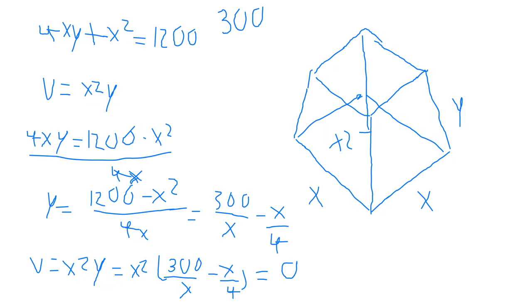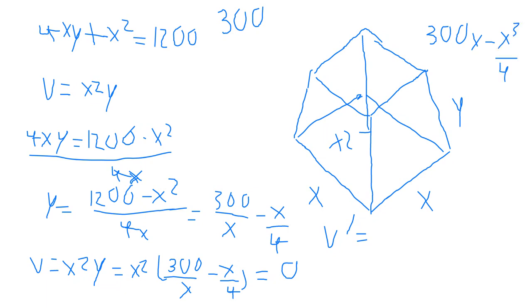So V prime would be equal to 300 minus 3x squared over 4. We can multiply to make this simpler: V equals 300x minus x cubed over 4.